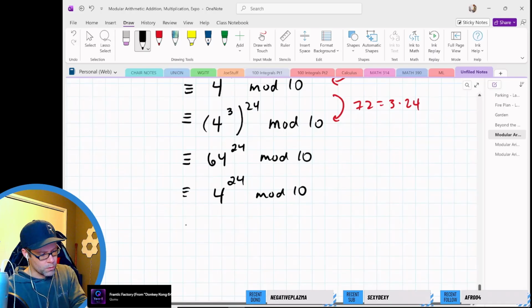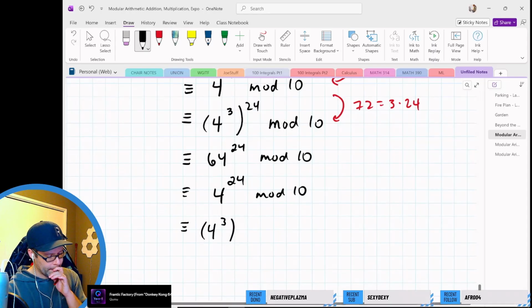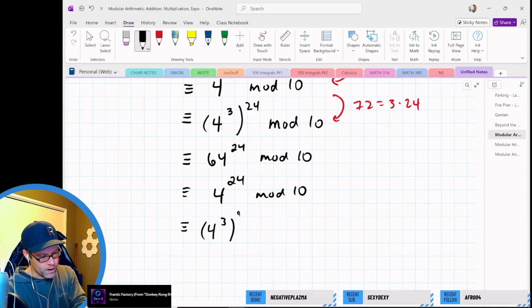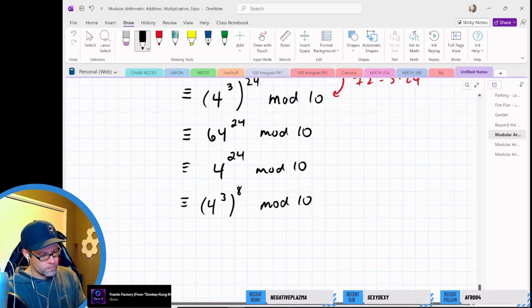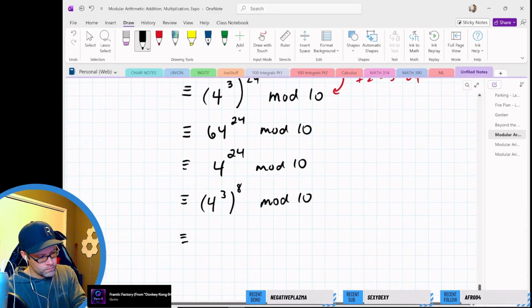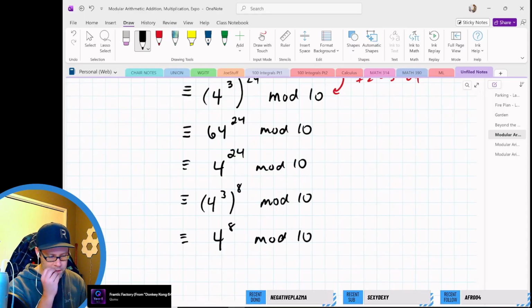And I'll just do this one more time. I guess I can say 4 to the 3, that's going to be by 8, right? 8 times 3 is 24. So we know that's 64, so let's write 4 to the 8. So we have reduced the problem down to 4 to the power of 8.